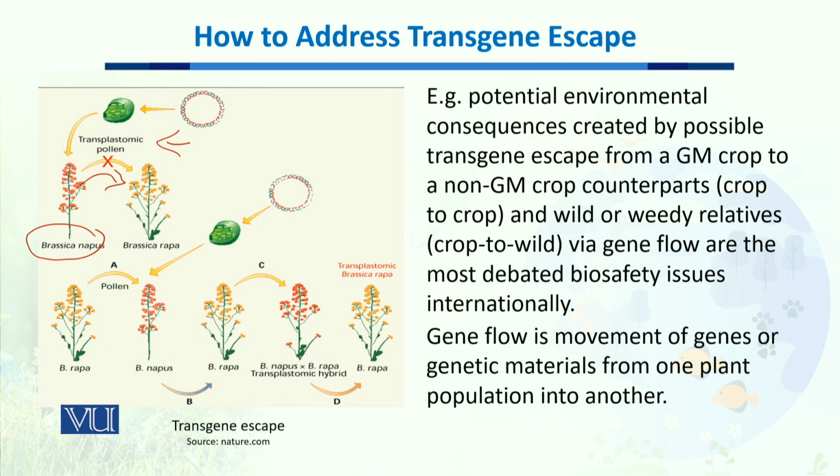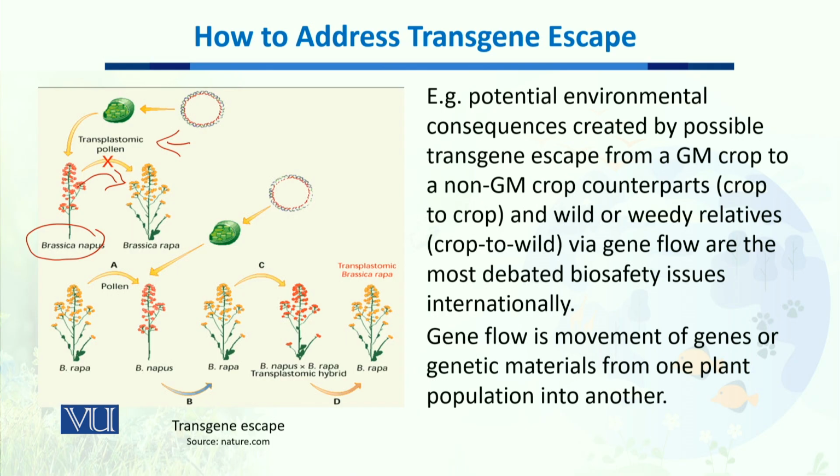For example, there are certain species of Brassica. This Brassica napus has a transplastomic gene; you can say it's a transgene. Normally, the pollen of Brassica napus cannot be transferred to Brassica rapa.